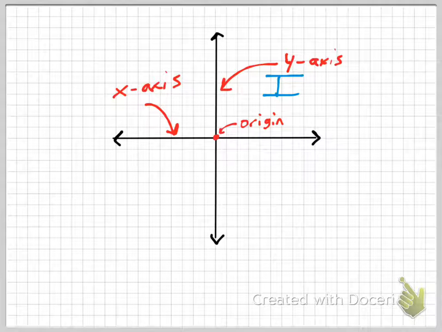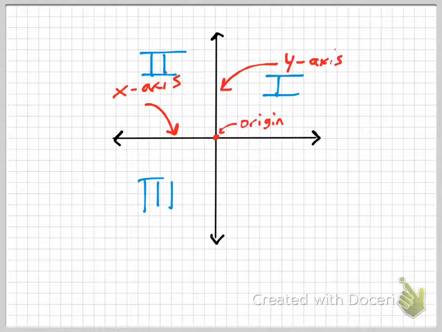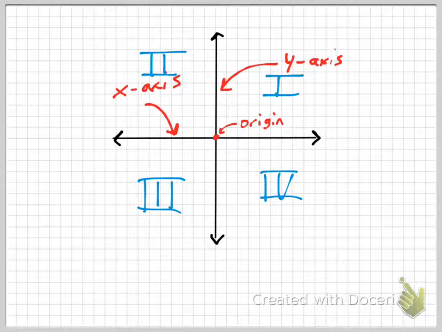Quad means 4. Why do you think they call it quadrant 1? Because there are 4 sections, 4 quadrants. That's quadrant 1. This is quadrant 2. It goes counterclockwise. This is quadrant 3, and this is quadrant 4.